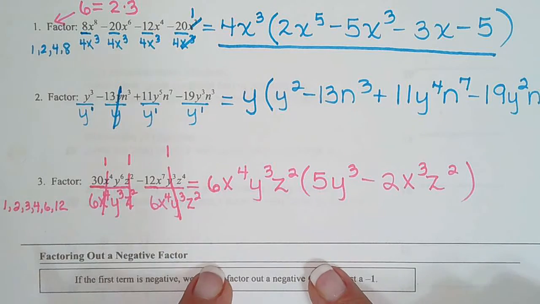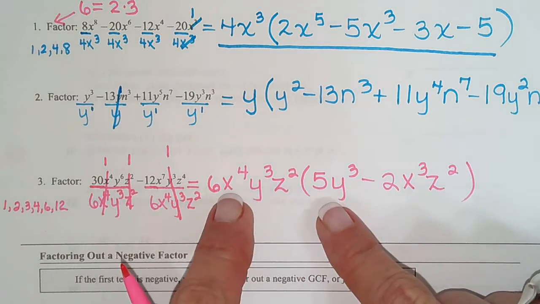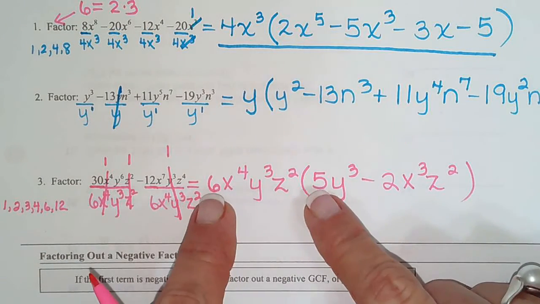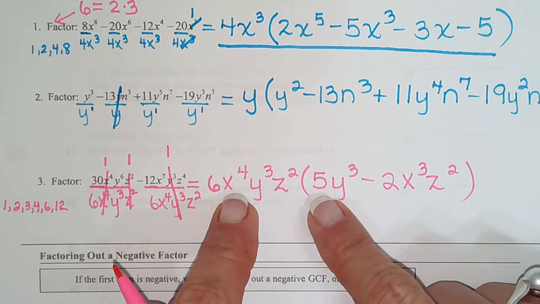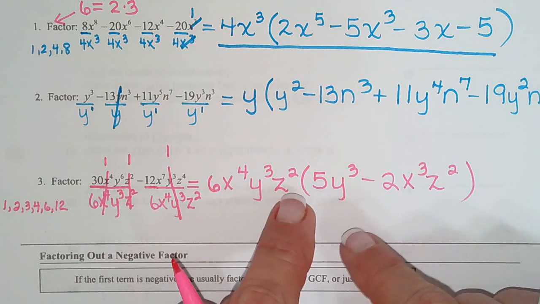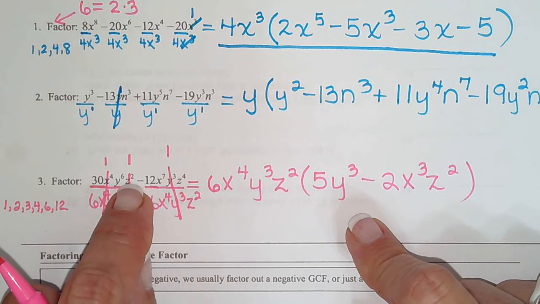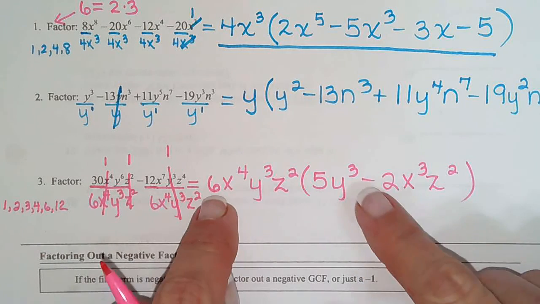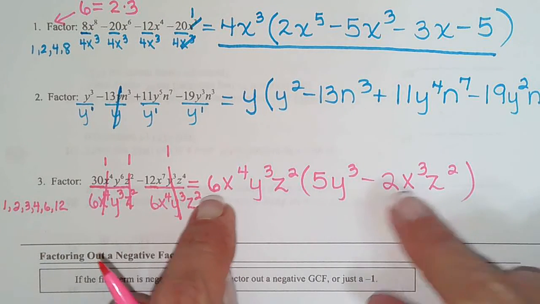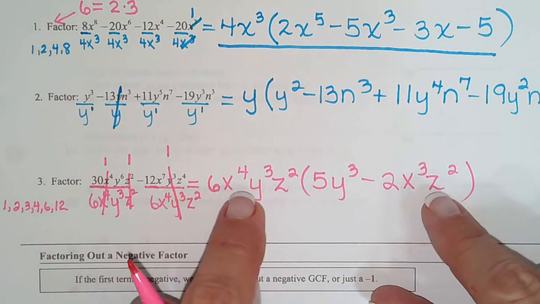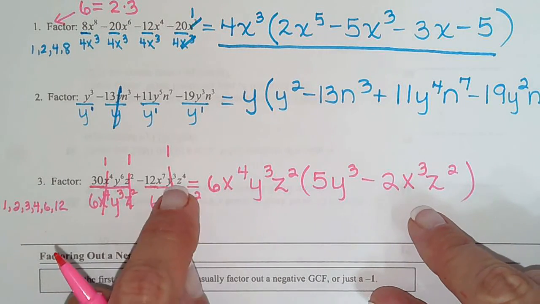So let's do a quick manual check and just make sure we're good. So this gets multiplied by that. 30, 4 x's, 6 y's, 2 z's. Boom. Minus 12, 7 x's. Yep. 3 y's. Yep.